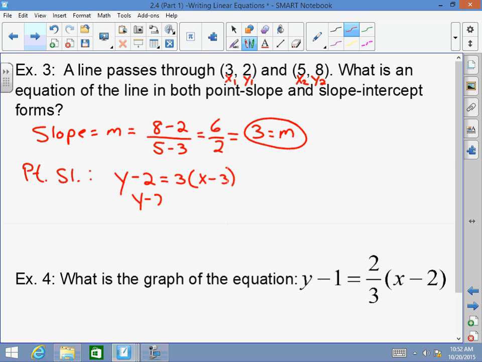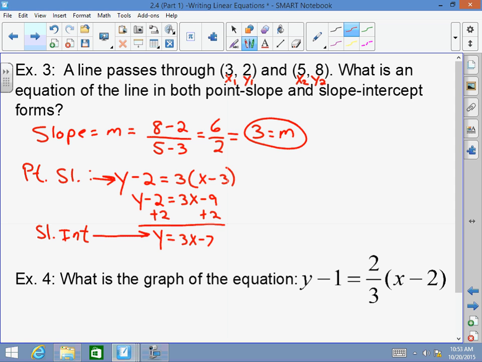Y minus 2 equals 3x minus 9. Add the 2. y equals 3x minus 7. That would be my slope-intercept form. Slope-intercept, point slope. Does that make sense? Yes, sir, my brother.